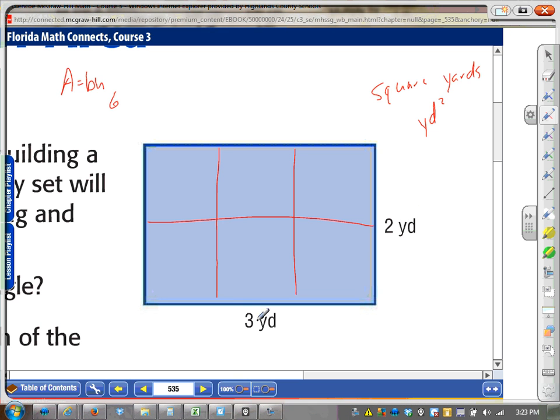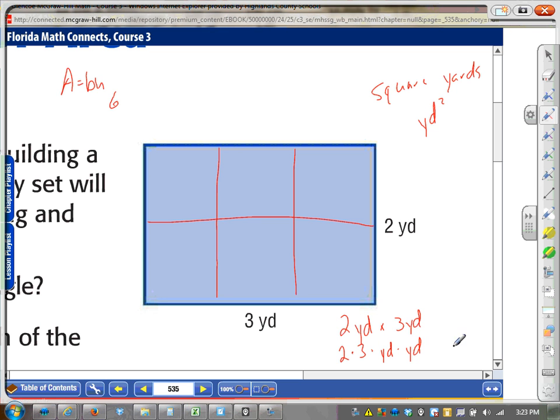Which is actually kind of neat because when we multiply 2 yards times 3 yards, we're kind of splitting this up, and we're reordering it. We're using the commutative and associative properties. We're saying 2 times 3 times yards times yards.